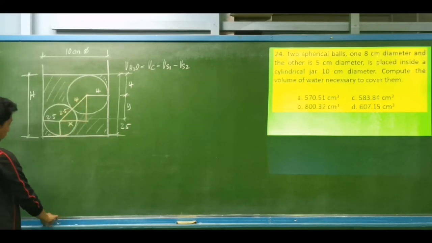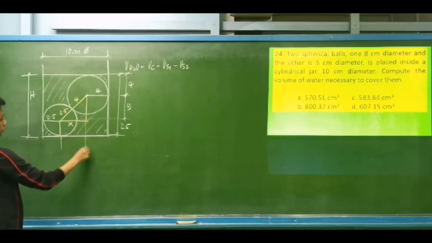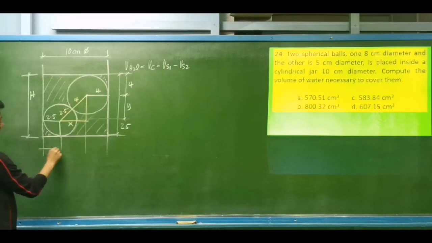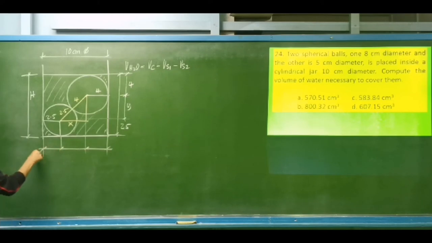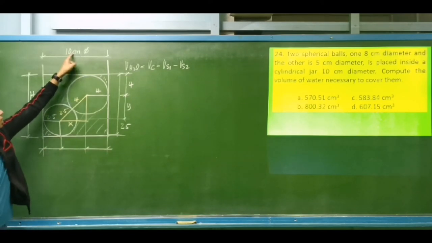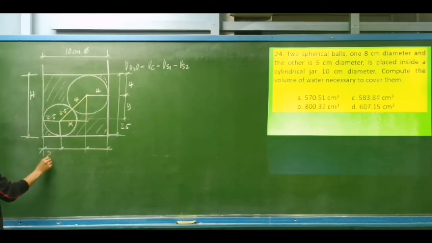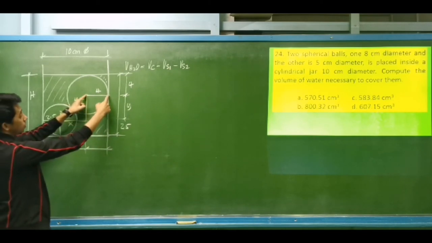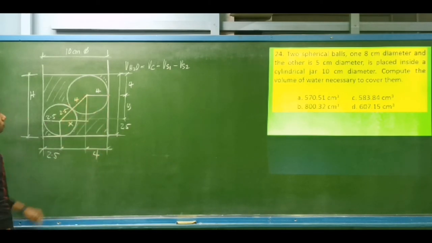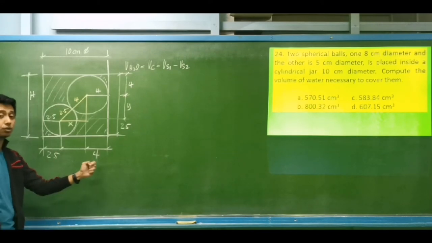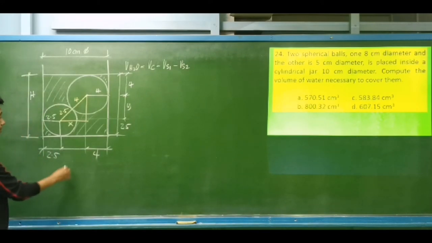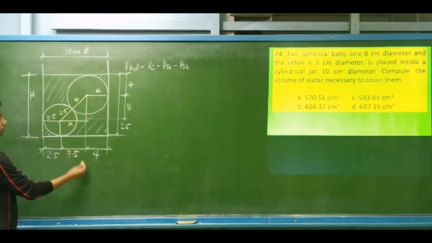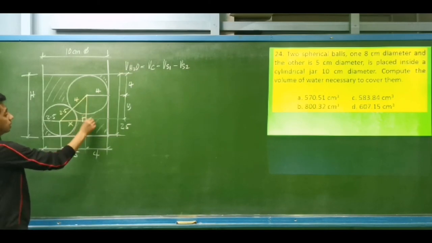Alam natin yung horizontal distance between the centers dahil given naman yung diameter ng cylinder. That is 10 minus 2.5. Diba 2.5 ito? Radius din yan. This is the same as 4. 10 minus 2.5 minus 4, or pareho lang yan sa 10 minus 6.5. This is 3.5. So, right triangle tayo dyan.